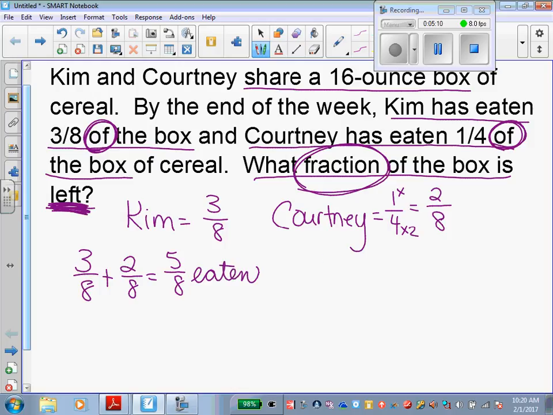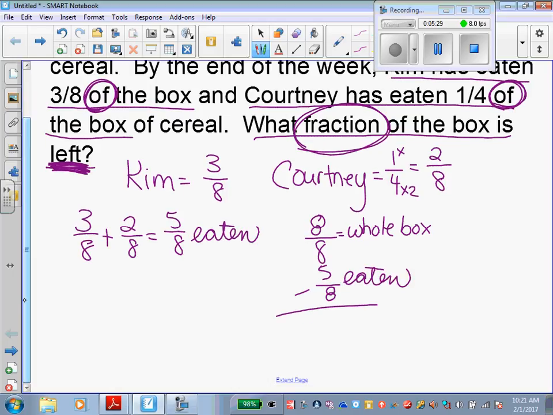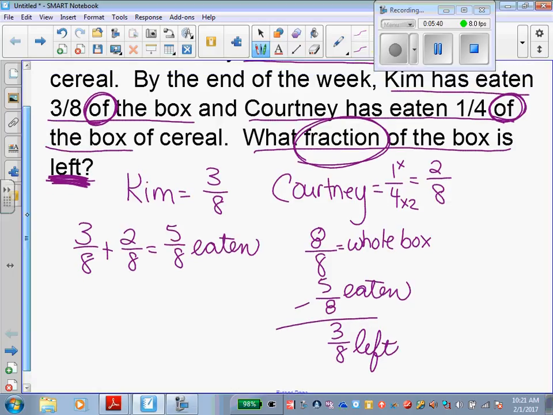So we could take the 8/8, which is equal to the whole box, and subtract the 5/8 that was eaten. And 8/8 minus 5/8 is what? 3/8. So you have 3/8 left.